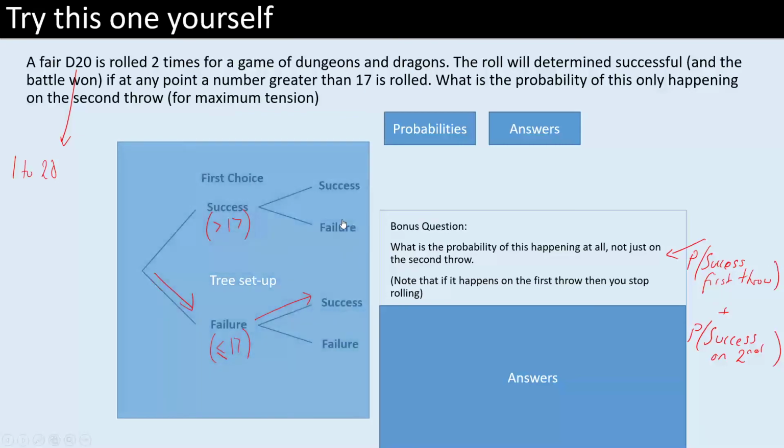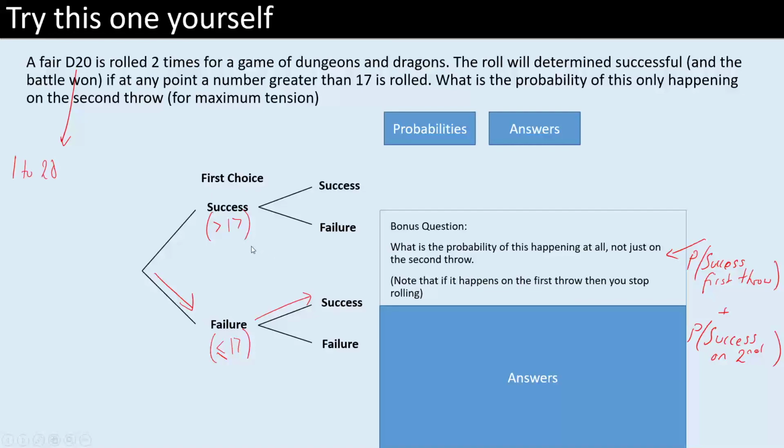And as well, you can think of these in terms of a success and a failure. What is the thing that you want? What is the thing that you don't want? Just make sure that you read the question carefully so that you get the probabilities that you're after.